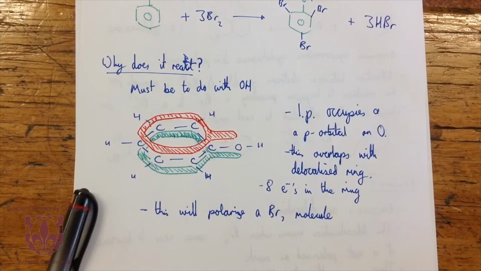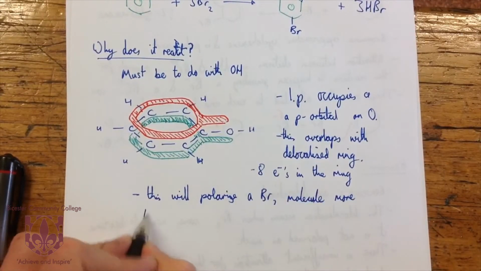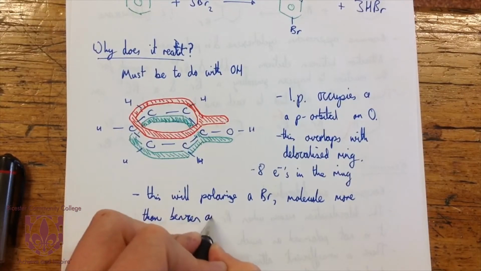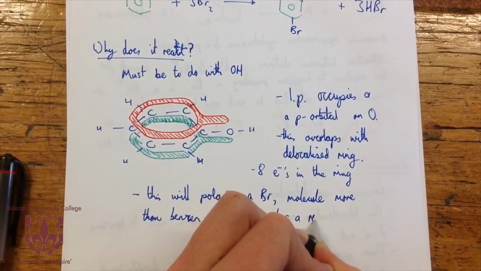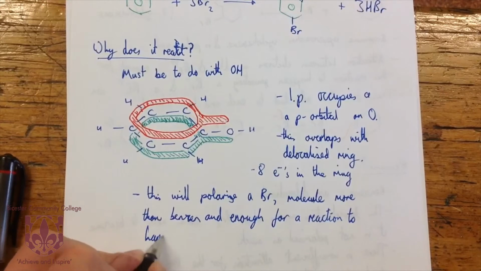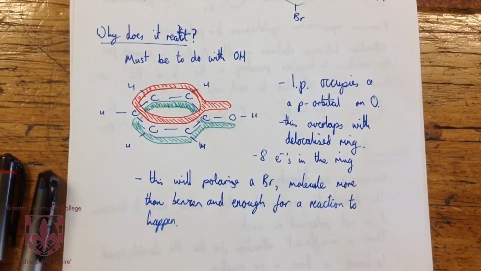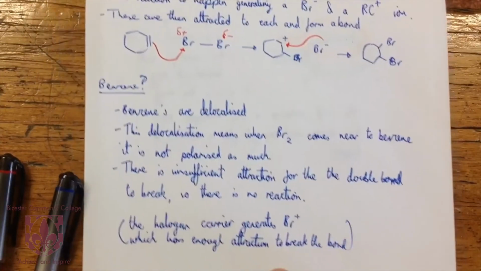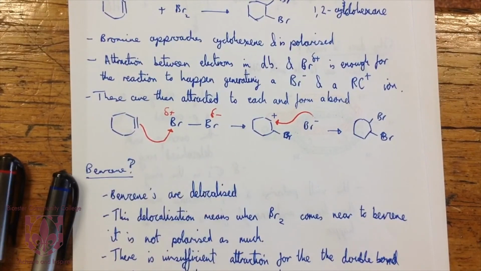If you've got 8 electrons as opposed to 6, the Br2 will be polarized more than with benzene, and enough for a reaction to happen. Okay, so phenol, its extra electrons can react with bromine. Benzene, because the electrons are really spread out, can't. And then cyclohexene, because the electrons are localized just in a double bond only, it can.